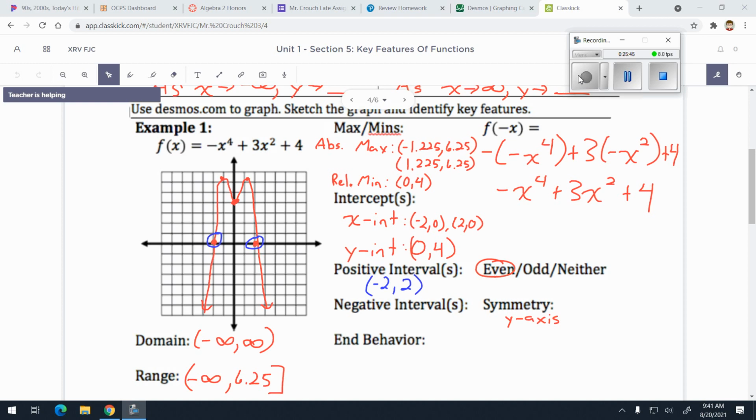That won't ever change. So if you're starting to look at this and what we're doing, right? What's the only time you might see a bracket occur? Domain and range. Typically, positive, negative intervals, increasing, decreasing intervals don't have brackets.